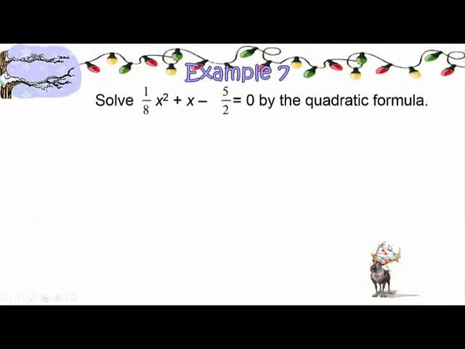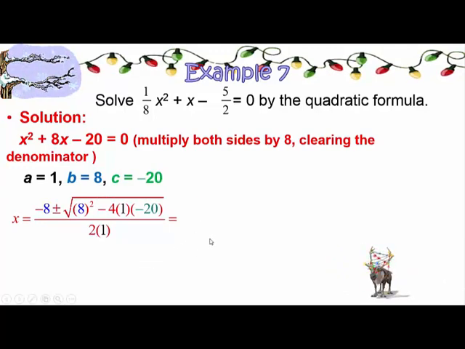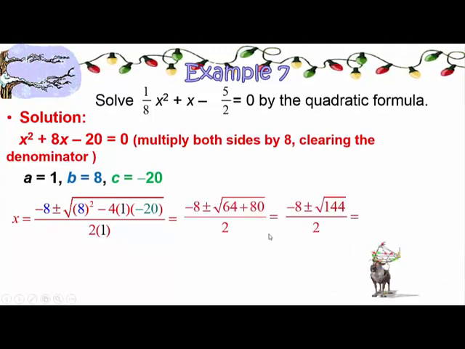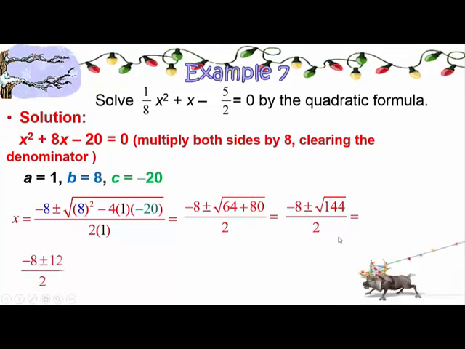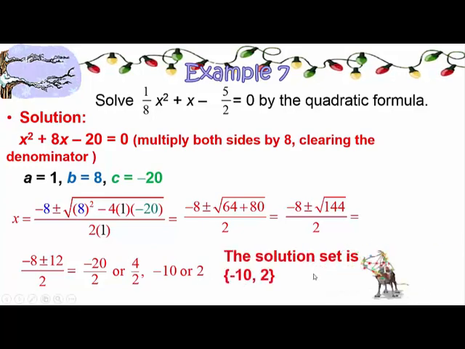So as you see in the PowerPoint in example number 7, which is written a lot neater than my handwriting, the solution indeed, we clear that fraction like I said on the whiteboard, and we define A, B, and C, plug it into our quadratic equation, and we see that here we have that perfect square, and so there we have the negative 10 or 2, and that becomes our solution set, just like was done on the whiteboard.